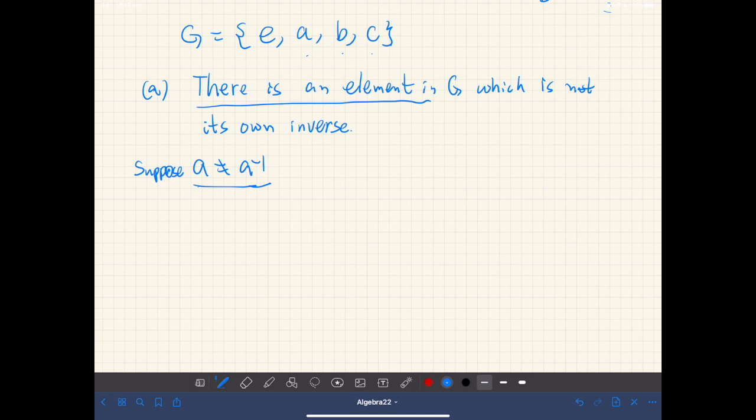So that means either AB is equal to E or AC is equal to E, right? So either B or C should be the inverse of A. Without loss of generality, we can assume this is the case. If it is the other way, we just swap the labels of B and C, and we can still assume this.